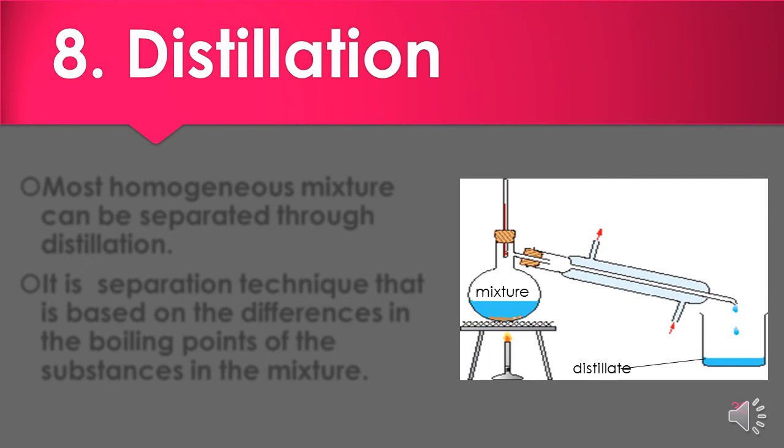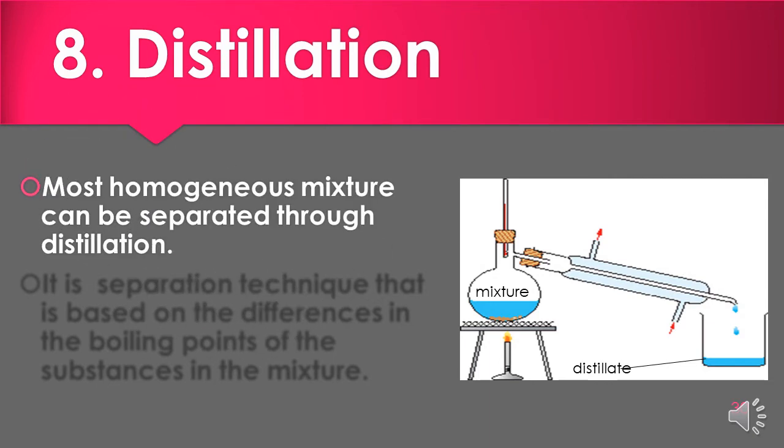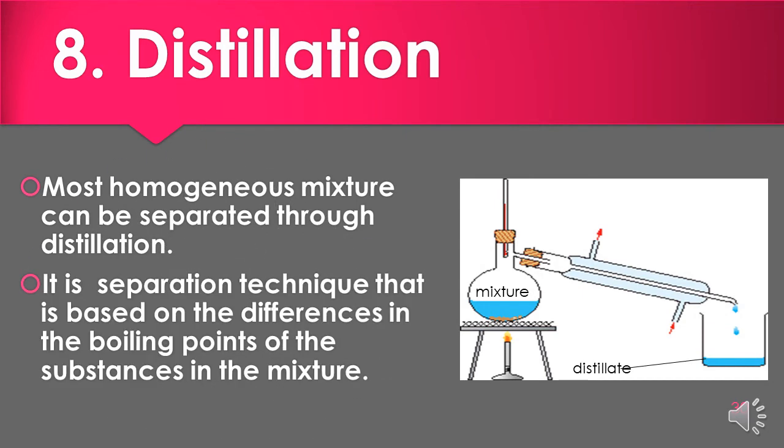Okay, next we have distillation. So distillation in a way is also similar with evaporation because it involves heating the mixture. It can be used mostly on homogeneous mixtures. So almost all homogeneous mixtures can be separated through distillation.